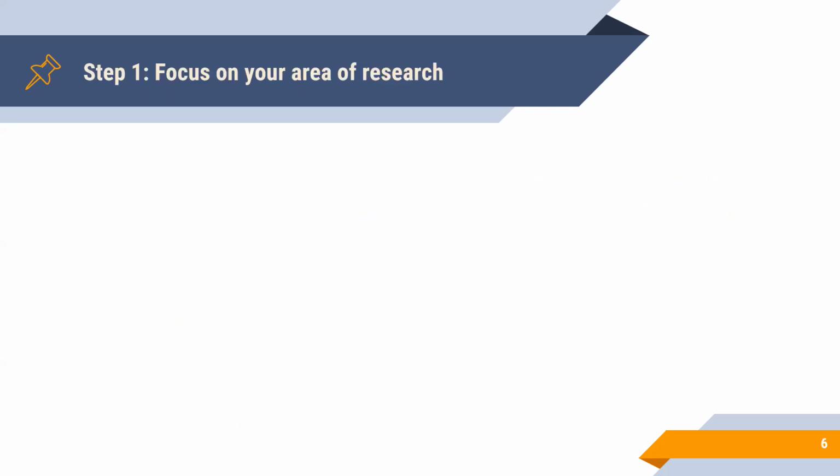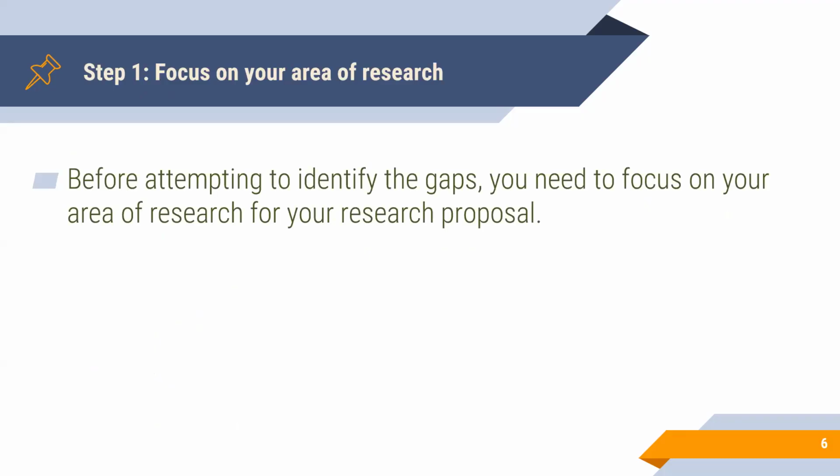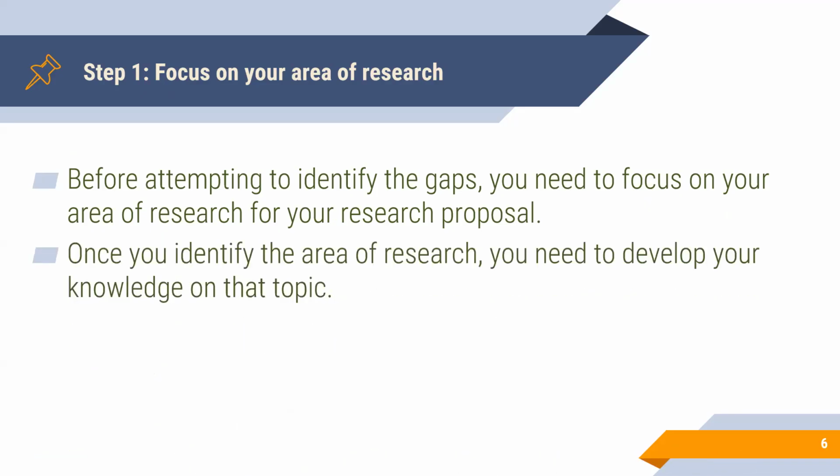Then step 1, focus on your area of research. Before attempting to identify the gaps, you need to focus on your area of research for your research proposal. Once you identify the area of research, you need to develop your knowledge on that topic.